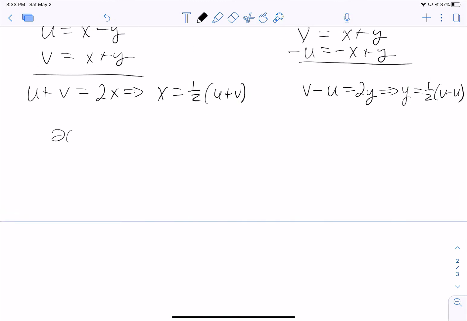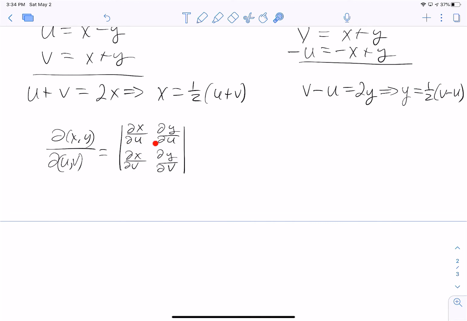Remember that the Jacobian of x and y with respect to u and v is equal to a determinant of partial derivatives. The top row is the partial of x with respect to u, the partial of y with respect to u. The bottom row is the partial of x with respect to v, the partial of y with respect to v. It will be easy for you to verify that those entries are 1/2, negative 1/2, 1/2, and 1/2.